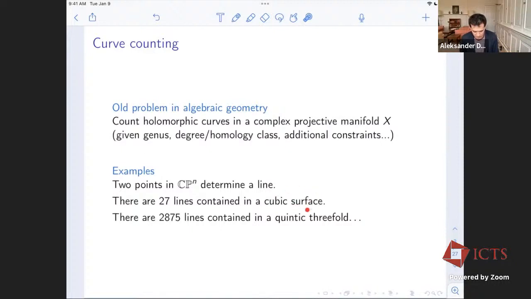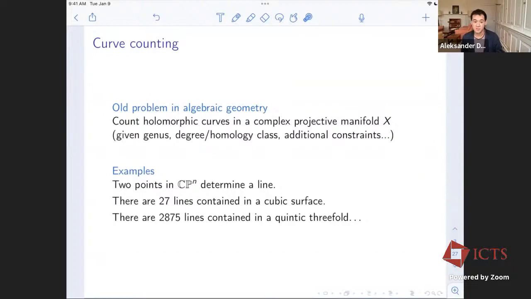If instead you think about the surface in CP3 defined by cubic equations, there is another classical result that there are 27 lines lying inside, contained in that cubic surface. And this is a more or less classical, but 20th century computation. You could take the quintic threefold, so the zero set of a quintic polynomial in CP4, and you can ask how many lines lie in it, and also curves of higher degrees.